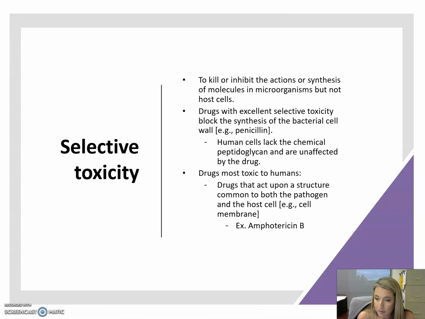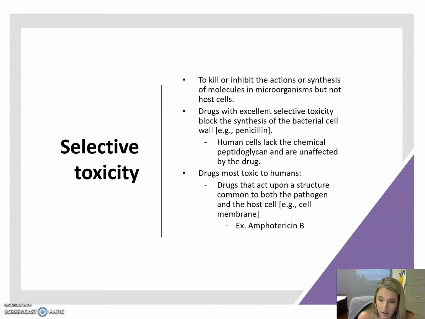So for example, a drug like penicillin has a very high chemotherapeutic index and really good selective toxicity. Because the way penicillin works is it destroys peptidoglycan in bacterial cell walls. So when you take penicillin, you know it's only going to destroy bacteria because only bacteria have peptidoglycan in their cell walls.